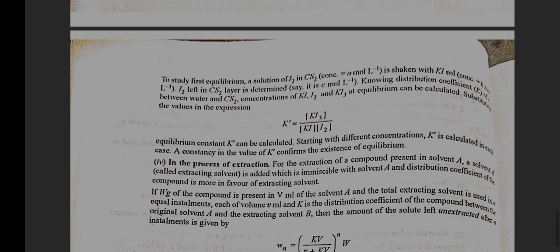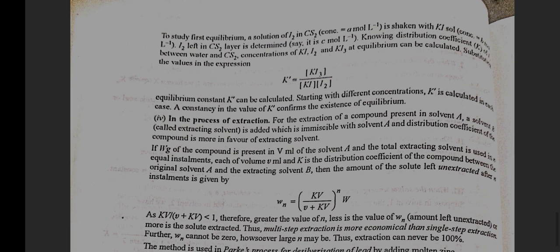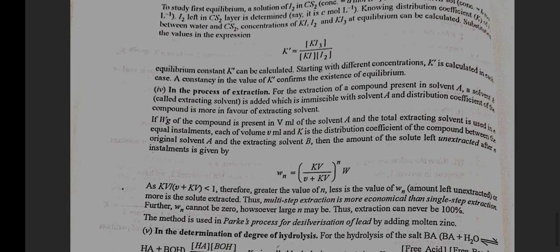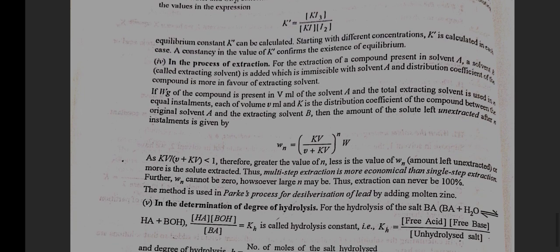Knowing the distribution coefficient between water and CS2, concentrations of KI, I2 and KI3 at equilibrium can be calculated. Substituting the values in the expression, the equilibrium constant K prime can be calculated. Starting with different concentrations, K prime is calculated in each case. A constancy in the value of K prime confirms the existence of equilibrium.